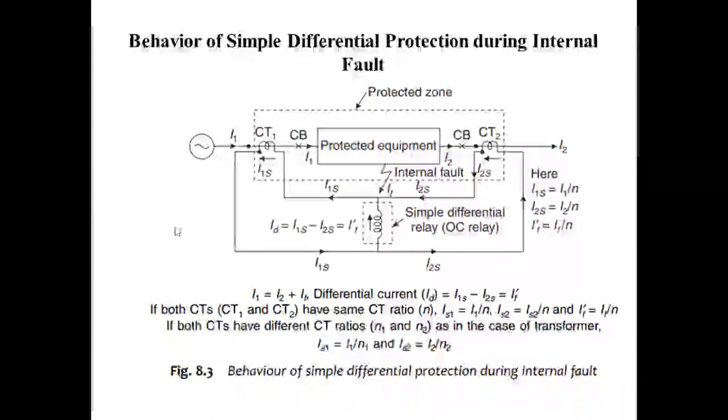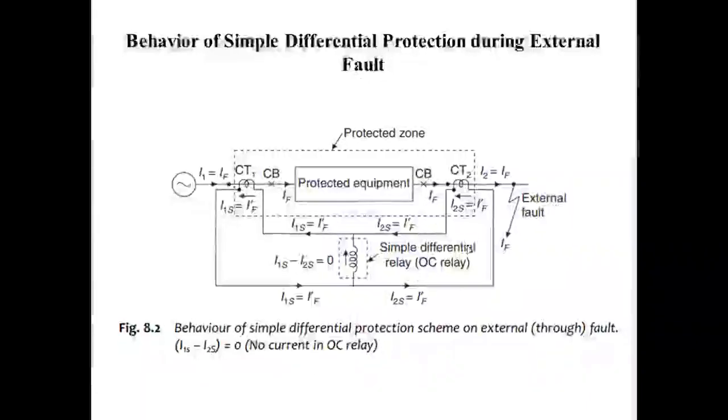But there is a drawback of this simple differential protection. What is the drawback? When an external fault occurs in your system, the line current exceeds the normal rated current.